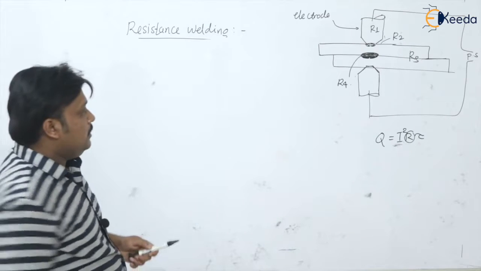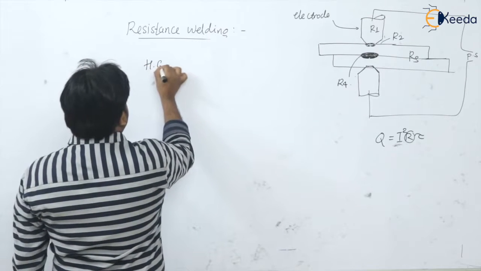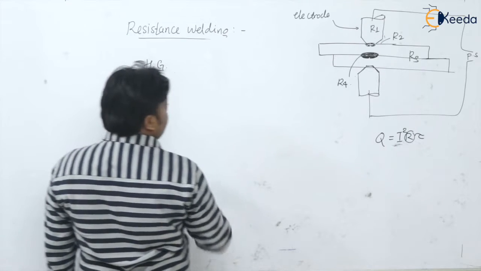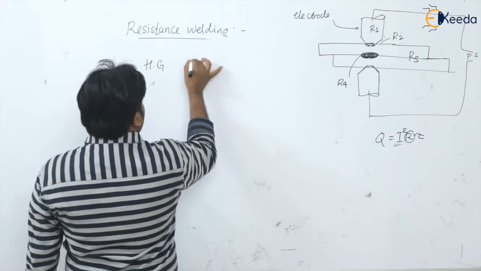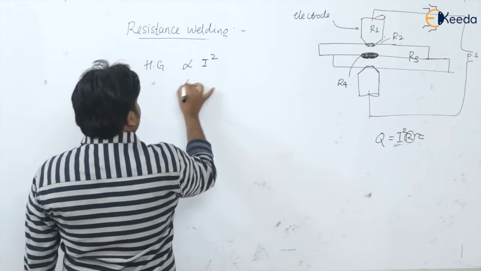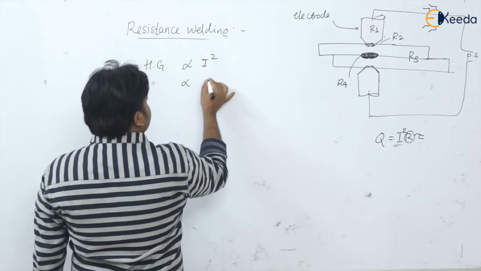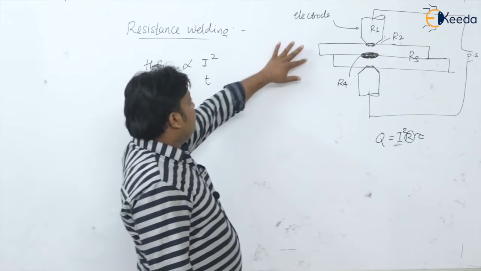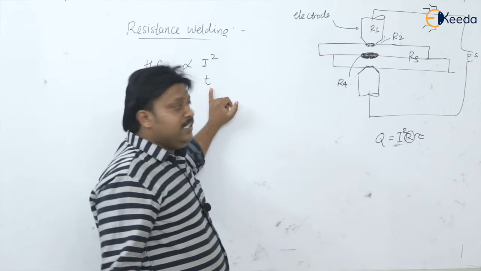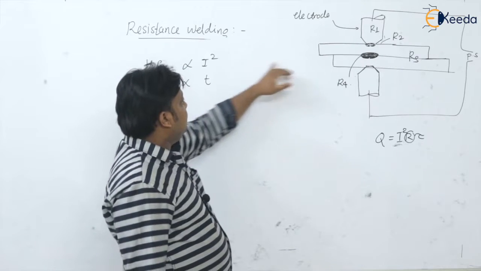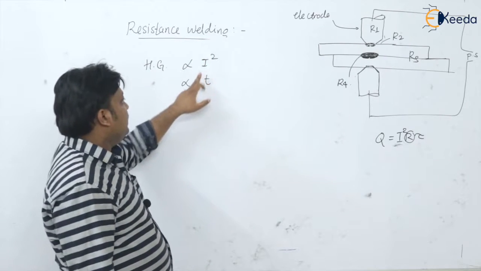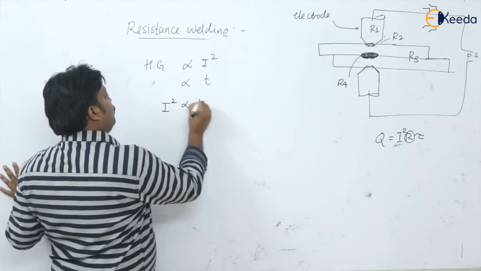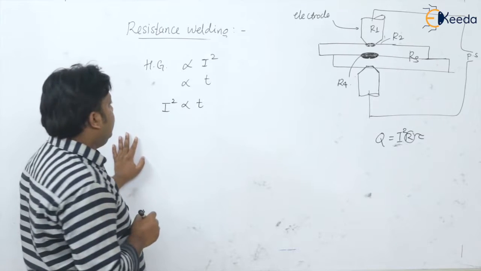Now see here, the heat generated, or the heat required to get this joint, is proportional to I square and also proportional to the thickness, because as we know in the welding process, as thickness goes on increasing, amperage is increasing in this proportion. So I can write here that I square is proportional to the thickness.